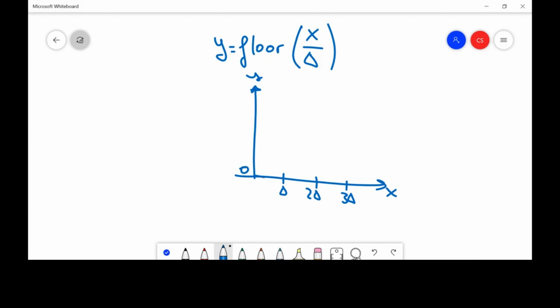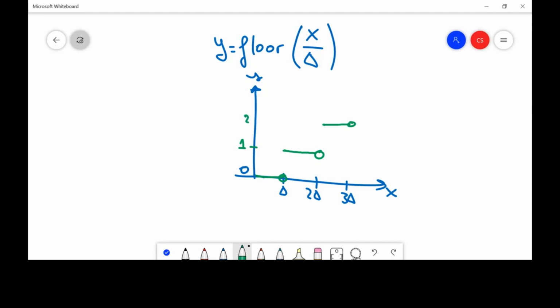So all those values are rounded down to 0. What about delta? There is a hole there, and then delta is rounded down to 1. And all these x are also rounded down to 1. And then 2 goes to 2, and so on.